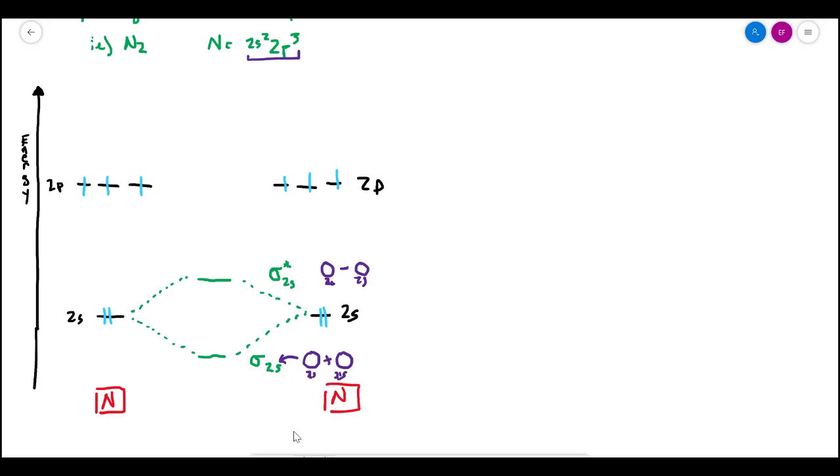Okay, so I'm going to draw these out. Maybe I'll do this in red just to differentiate the two. So if we combine 2 of these, they're going to give us 2 orbitals that look like this. They're going to give us 1 orbital that looks like this, and then we're going to have 2 orbitals up here and 1 orbital like this.